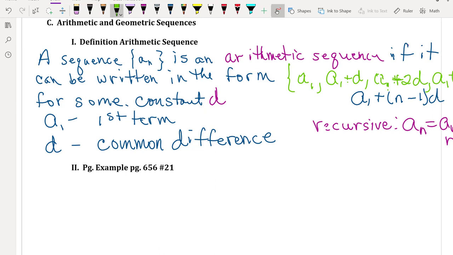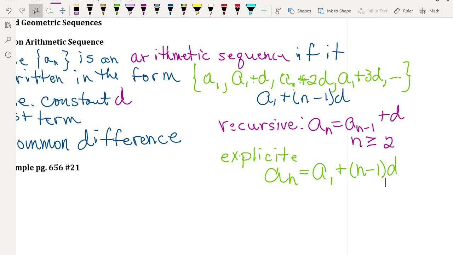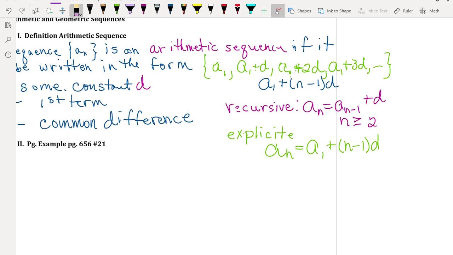And then we have our explicit form, and that's going to look like the general term that I wrote up there, which is the first term plus n minus 1 times d. And let me pull that over because I think it's off the screen a little bit. There we go. So that's what the two forms look like. And there's no E on explicit. All right, so let's do an example with this.